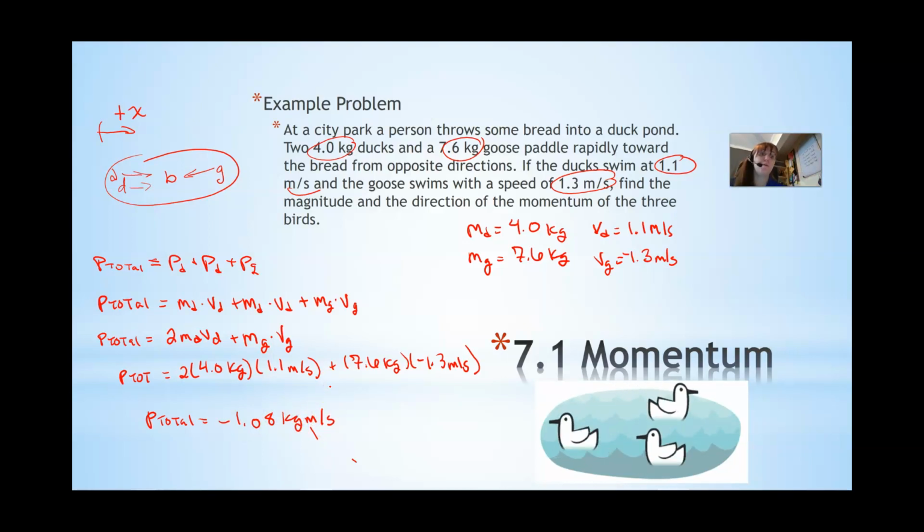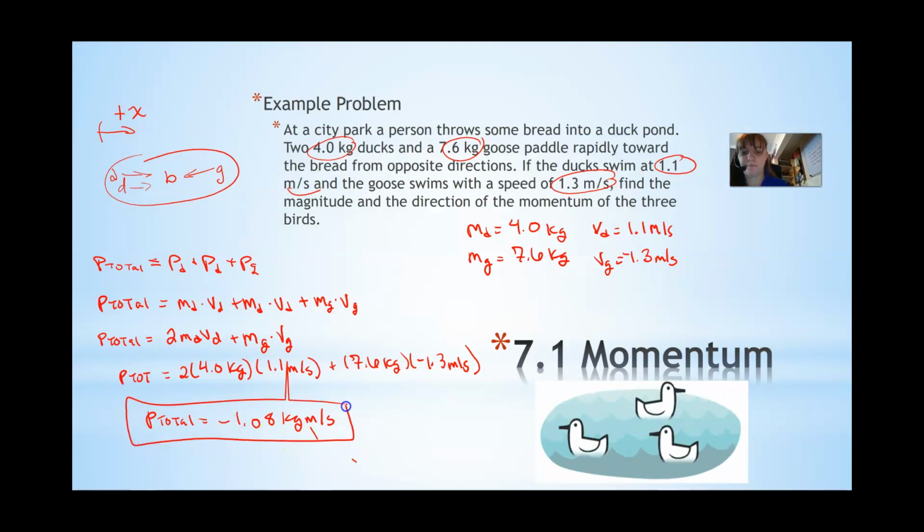That means the total momentum is in the same direction as the goose. So we could rewrite this as 1.08 kilogram meters per second in the direction of the goose. That's also a perfectly valid way of explaining it, so just be aware of that option. All right. So that takes us through total momentum.